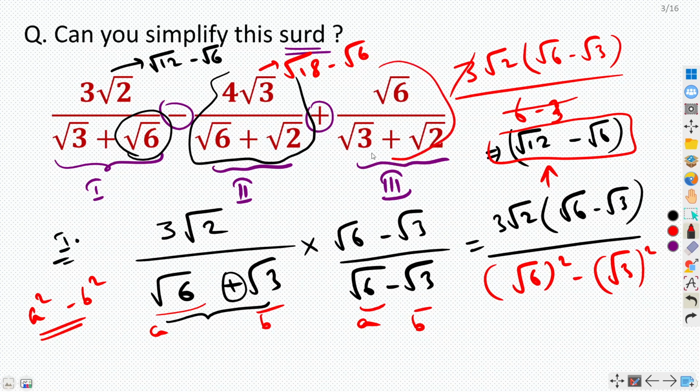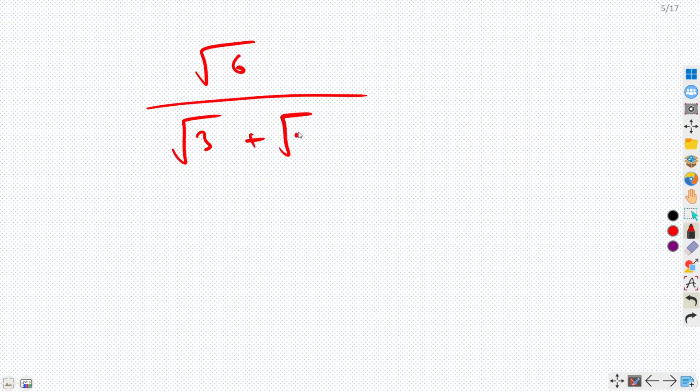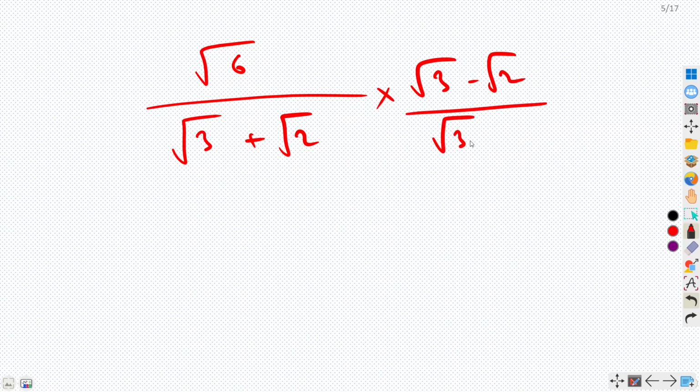Now let's focus on the third part. So we have root 6 upon root 3 plus root 2. Now same thing, we will rationalize by the conjugate.